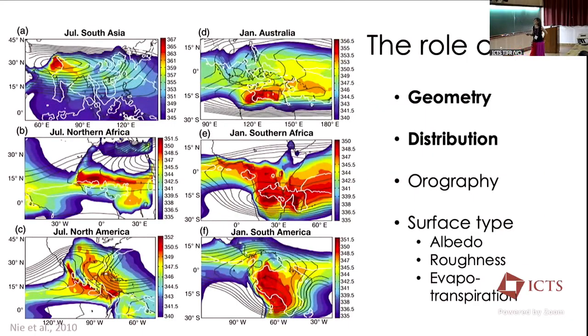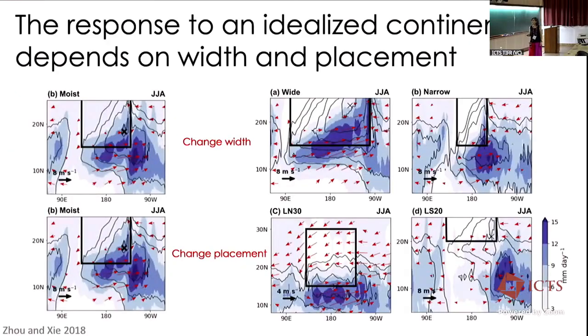And so let's look at what geometry and distribution do to figure out why the monsoons look the way they do. We weren't the only people to try and put idealized continents in a model.